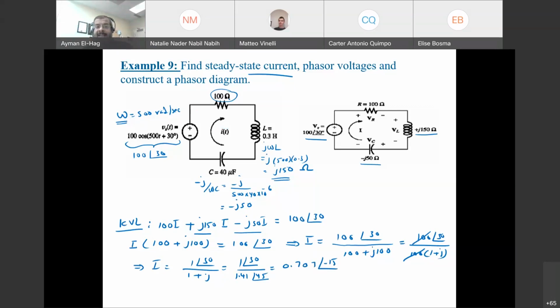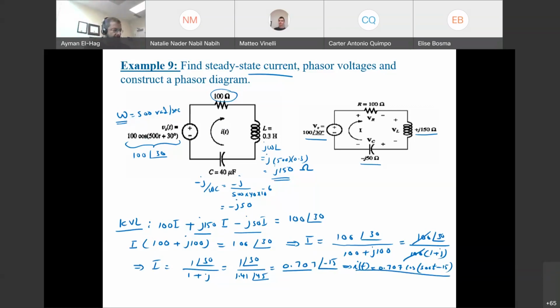We can easily convert this. So this is the magnitude, 0.707, with the cosine of omega, which is 500t. This doesn't change. Omega stays the same. Any quantity you want to find in this circuit will have the same omega, because we have only one omega in the circuit, and this is minus 15. So this is your I of t.